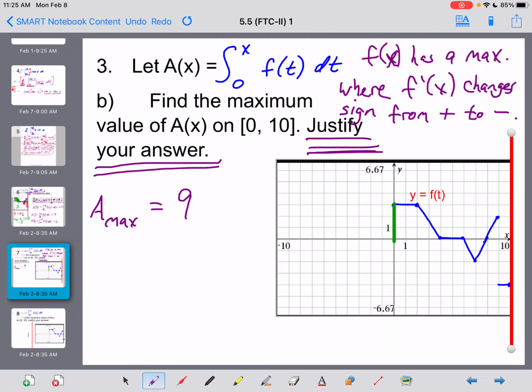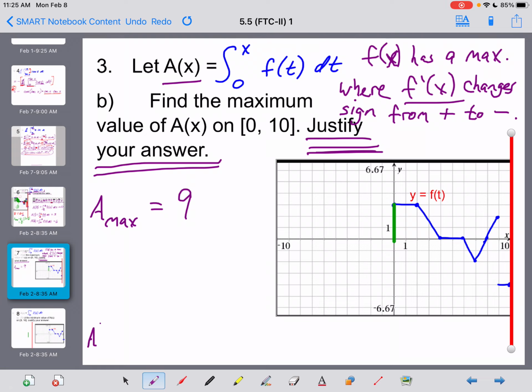So one of the fundamental things that we learned in the first semester is how to use a function's derivative to determine where that function has extreme values and critical points. A maximum occurs where a function's derivative changes sign from positive to negative. And so we were given information about A of x, but if we want to find a maximum, we really need the derivative of that function.